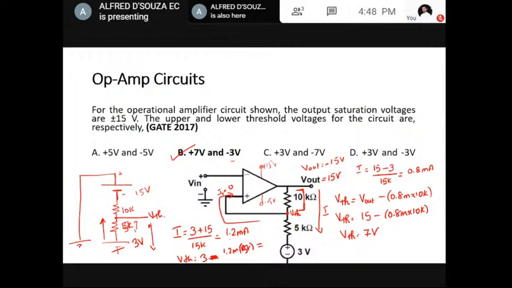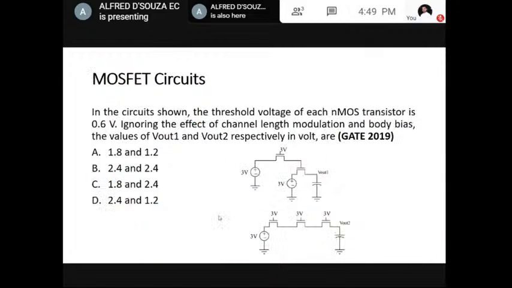That will give me minus 3 volt. So that is the solution. Finding the upper triggering point and lower triggering point of a Schmidt trigger is very important. You'll get questions related to this. This was the question from GATE 2017, and this is a Schmidt trigger. Observe the feedback is given to the positive, non-inverting terminal.